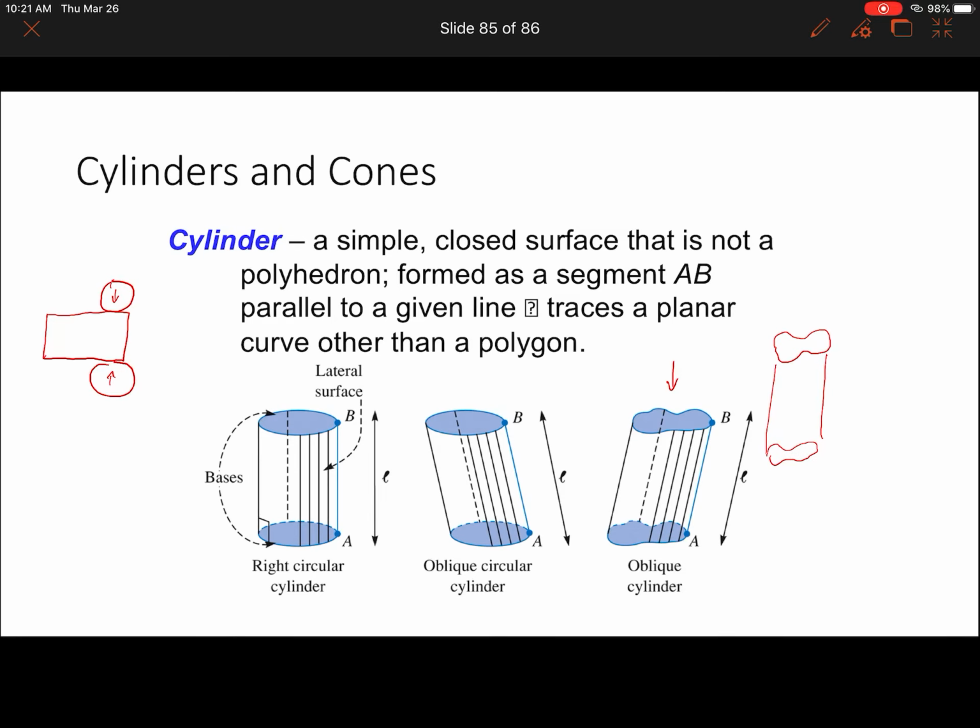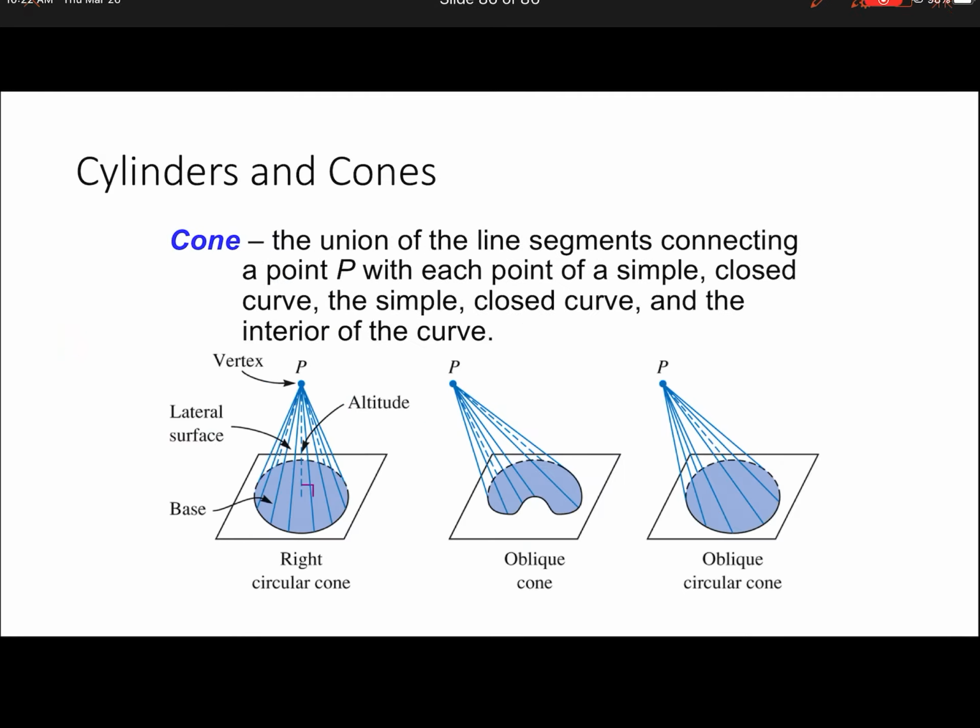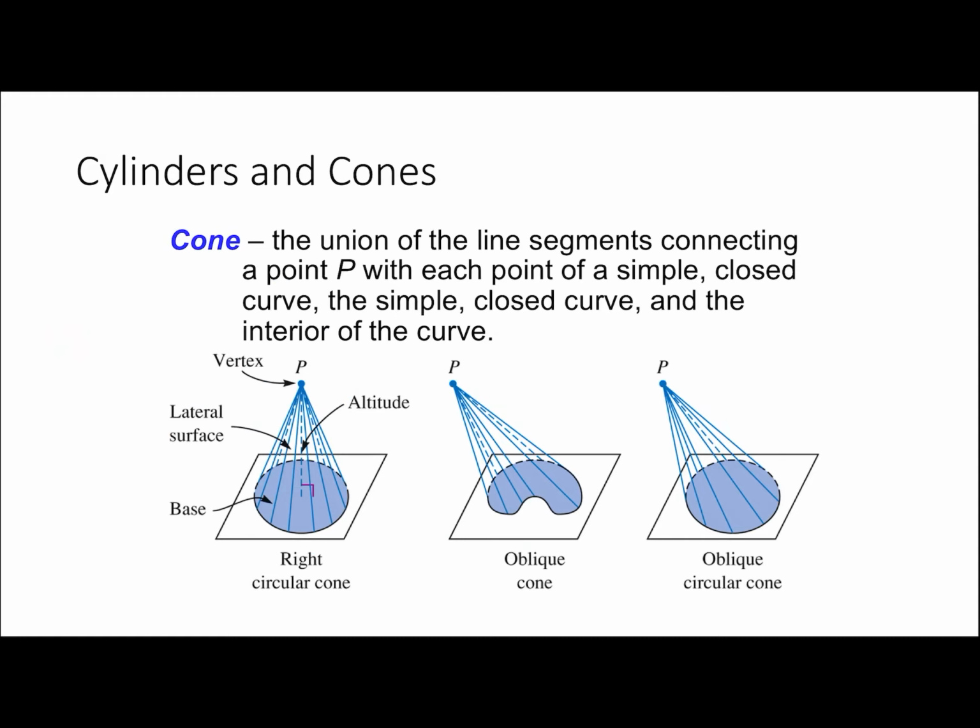It's the same base on the bottom, and then it's connected. I can't draw that same shape again, but the top and bottom are the same. It's a cylinder, but not a traditional can shape with a circle on top and bottom. So just be aware that cylinders have a simple closed curve as their base, but not a polygon.